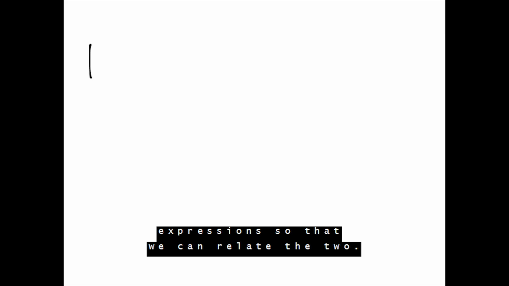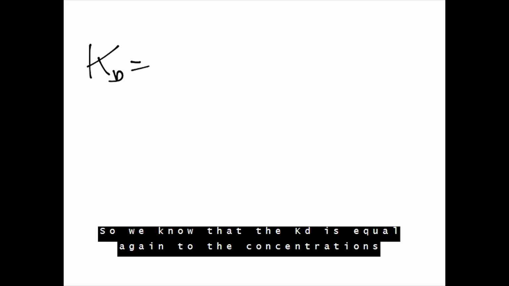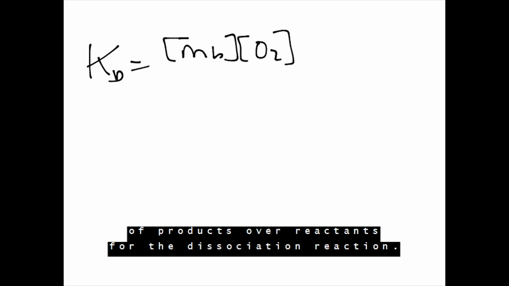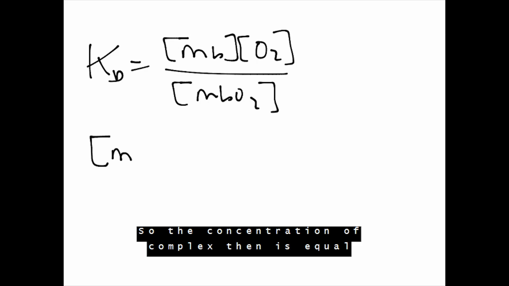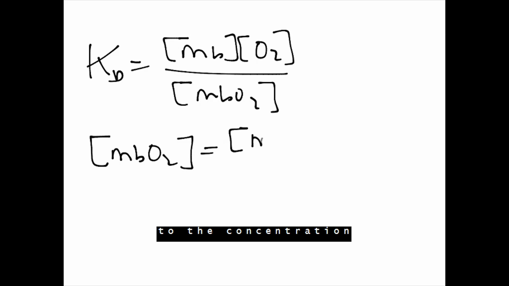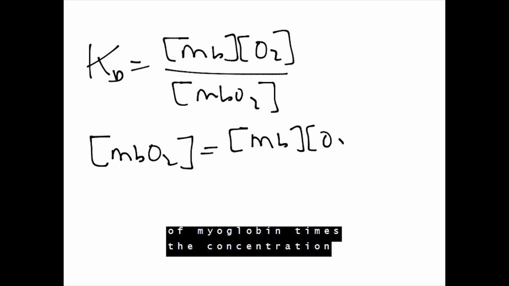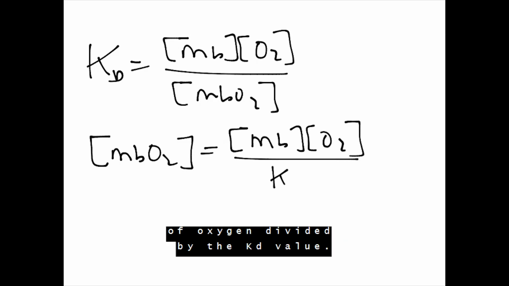So we know that the KD is equal, again, to the concentrations of products over reactants for the dissociation reaction. I'm going to solve this for the concentration of complex. So the concentration of complex is equal to the concentration of myoglobin times the concentration of oxygen divided by the KD value.